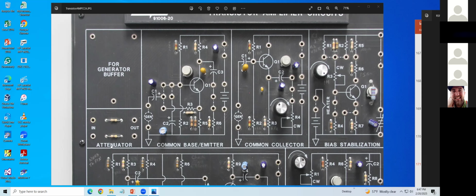You connect the generator output to the in here, and the out here is connected to the circuit. That will be attenuation, giving you 20, 30, 40 millivolt peak to peak.